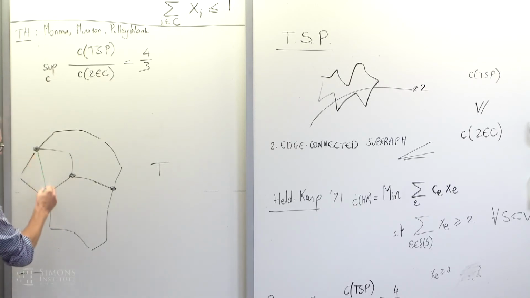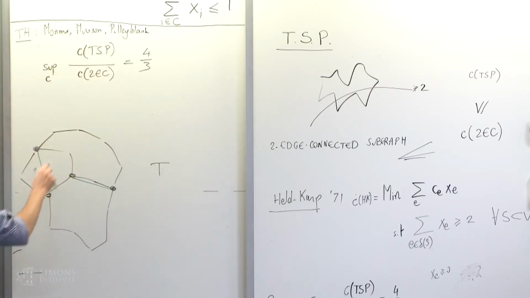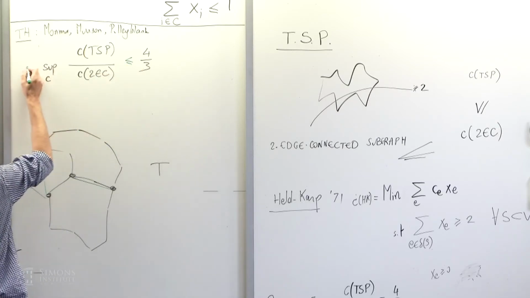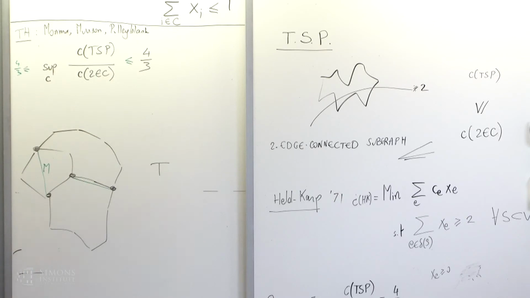If I add a matching, then all the degrees become even, and so then I can do the shortcut and get an upper bound on this. So I mean, we know it's at least 4/3, but this would show that it's at most 4/3.